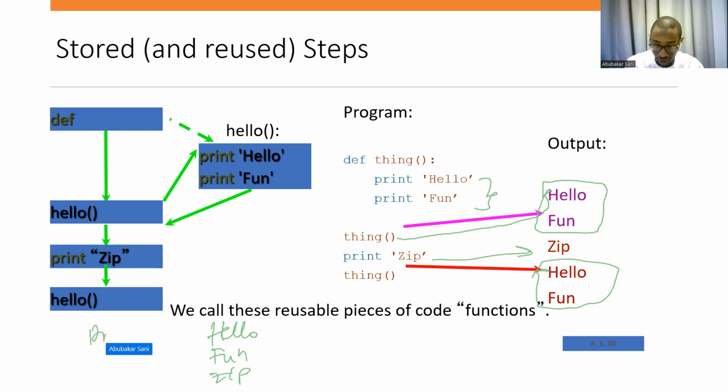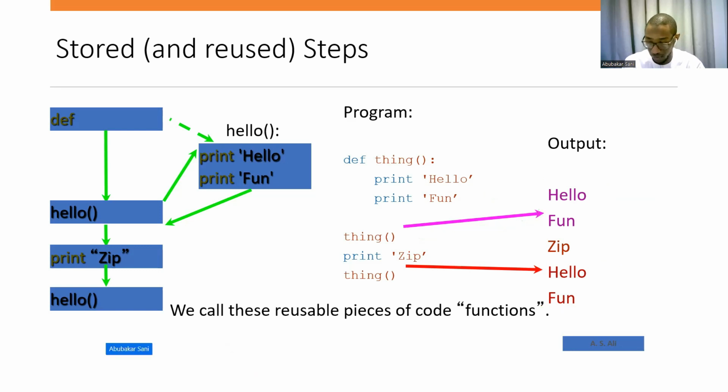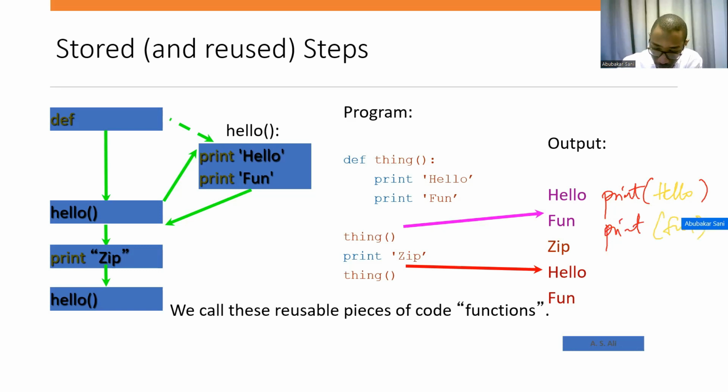Imagine without the function definition, I would have to be repeating myself, right? I will say print hello, then I will print fun, then I will print zip.